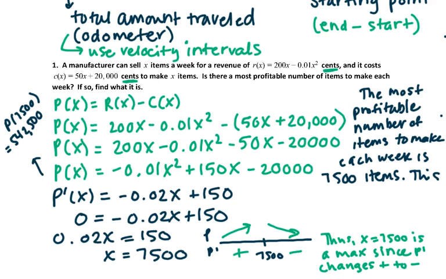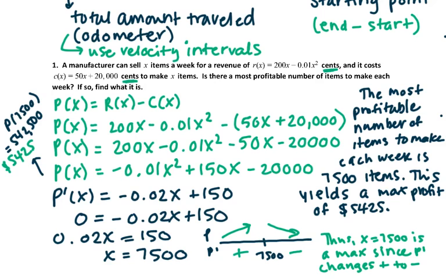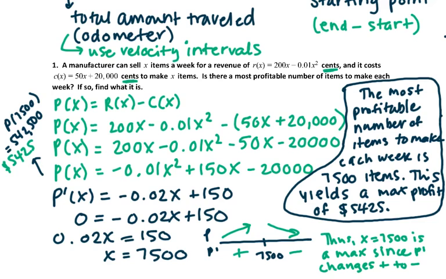And this yields a maximum profit. And then if this was in cents, we would simply divide by 100 to get it in dollars. So that would be what, $5,425, right? To get a maximum profit of $5,425. All right. So this is our first example from beginning to end.